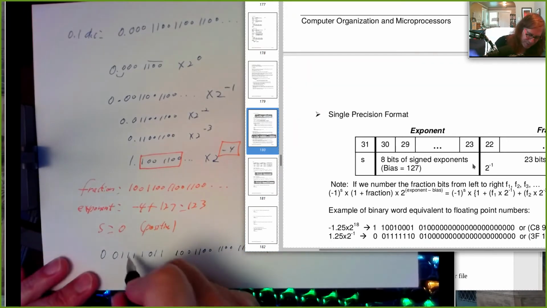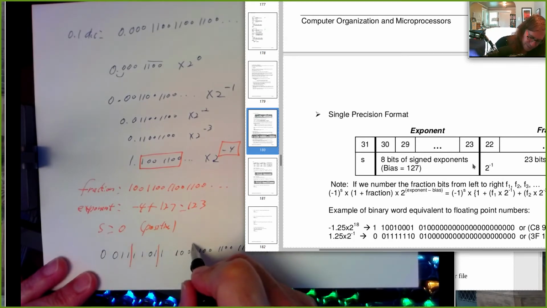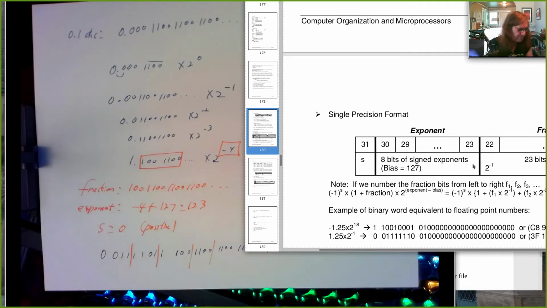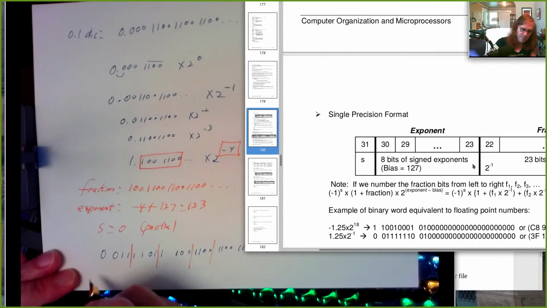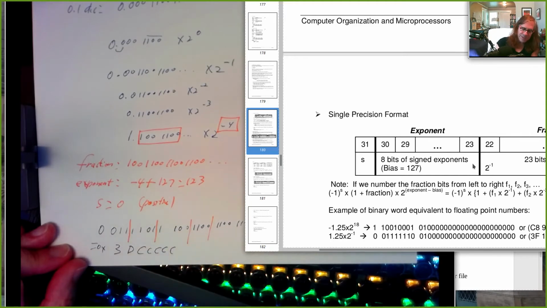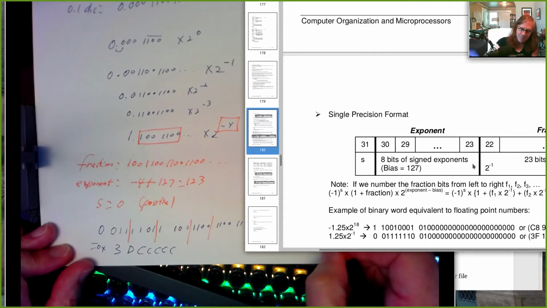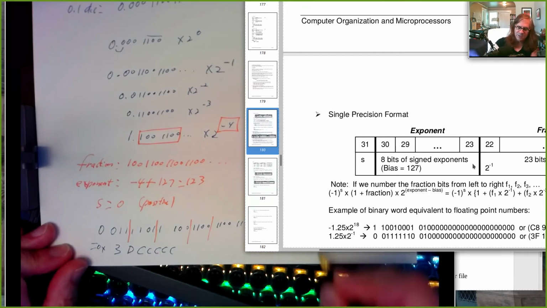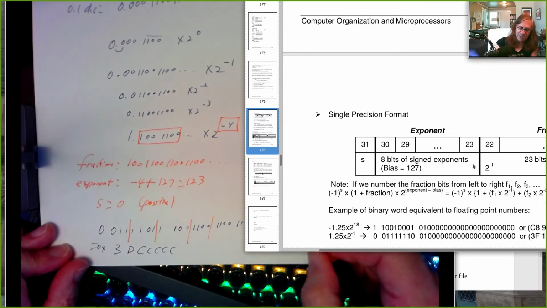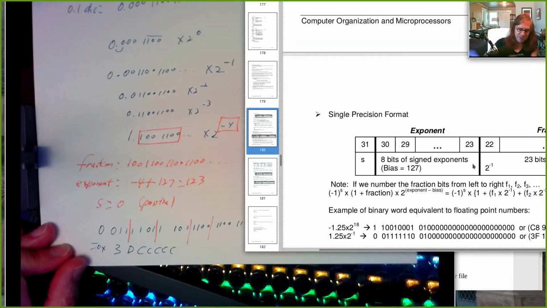If you want to write that in hex, you break it into chunks of 4 bits. So this is hex 3D CCCCC. And at the end here, it's going to end with 1100, and that last one is going to say round this up.